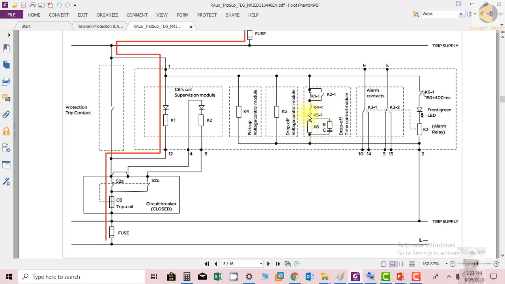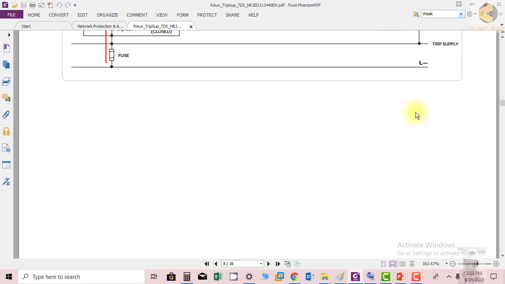So if there is a dip, the temporary supply to the K6 relay will be provided by this capacitor, which will discharge through this resistor, and it will keep K6 energized for an additional 150 or 400 milliseconds. This is just to cover the dips.